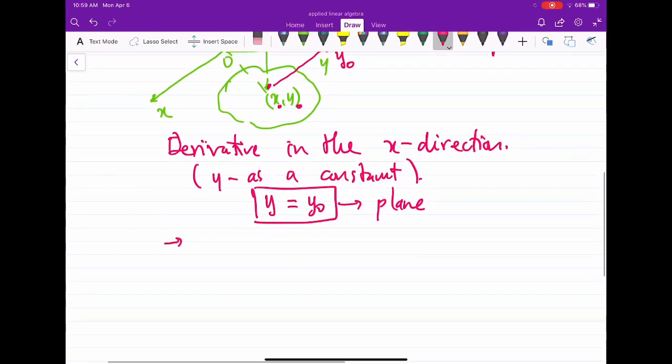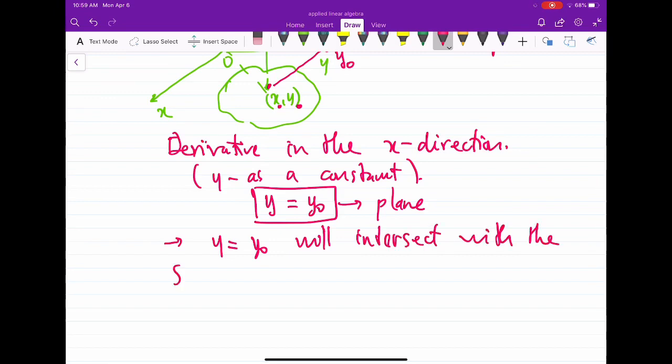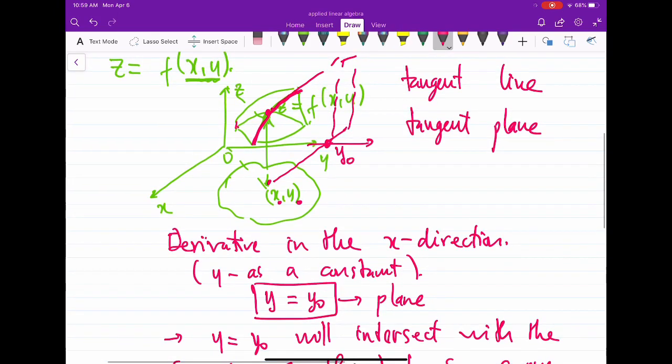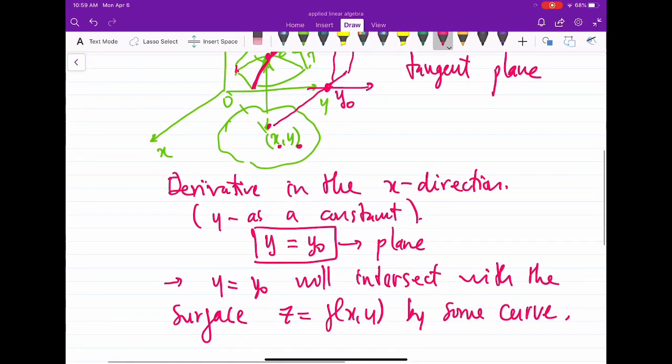So you fix y0, and the plane y equal to y0 intersects the surface by some curve. Okay, and now you have a curve in the plane y equal to y0.